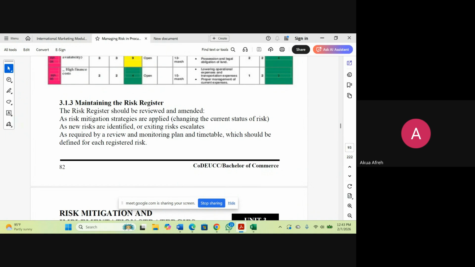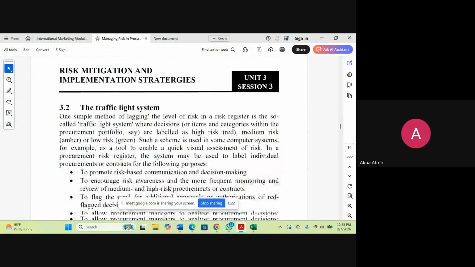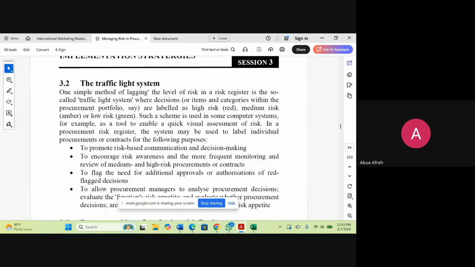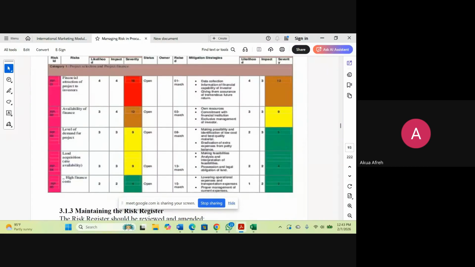And we then move to the traffic light system. The traffic light system is just this one. The colors that we see here, red, yellow, green, indicate how severe the risk is when it happens. So when the impact is very high and the likelihood is very high, we take the red. We know red means that thing is very serious.